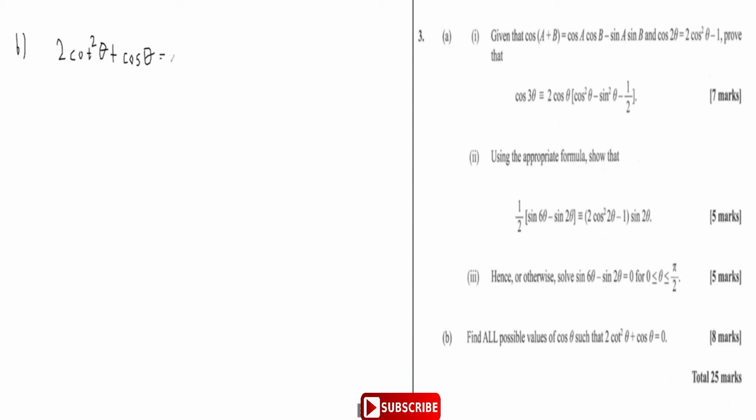If 2 cot squared theta plus cos theta is equal to 0, then what do we need to do? What we need to do is rewrite cot squared as cos over sine. Cot squared is cos squared over sine squared, sorry.